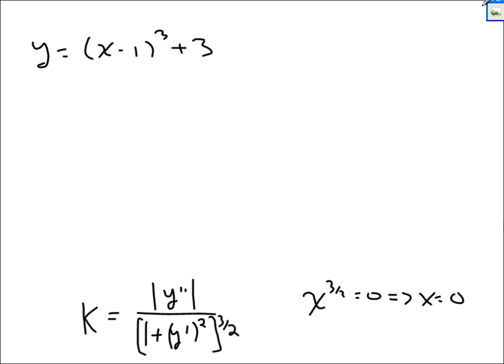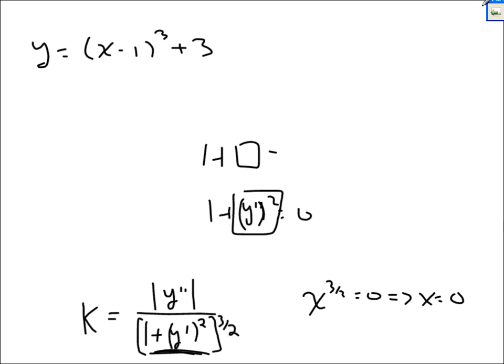If you raise stuff to the 3/2 and you get 0, that means that stuff had to be 0. That means this has to be -1, because you tell me 1 plus what gives you 0.